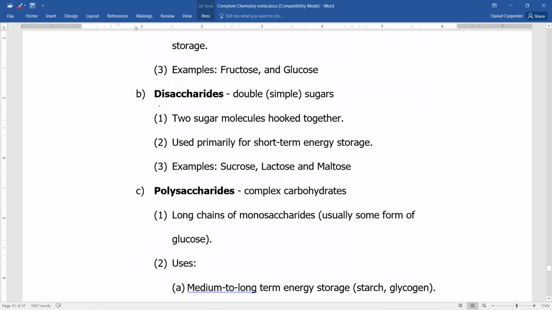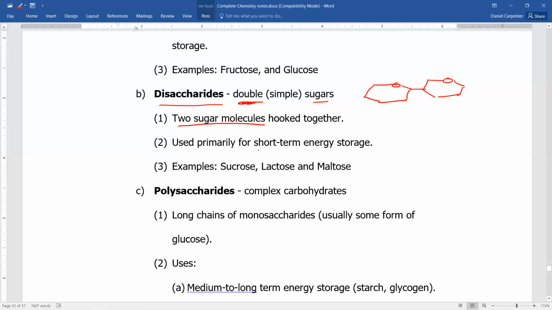Disaccharides were the double simple sugars. So there were two rings connected to each other. So it was two sugar molecules hooked together. By the way, they become one molecule when they're hooked together.